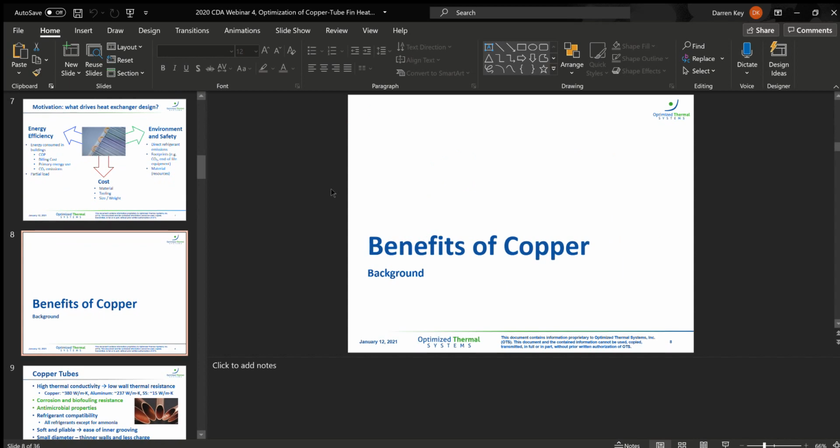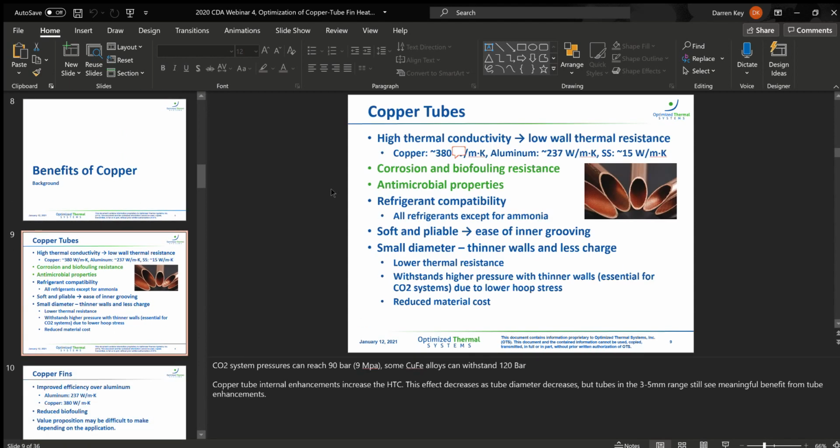So let's discuss some of the inherent benefits of copper. For copper tubes, copper has high thermal conductivity, which leads to a low wall thermal resistance, so better overall heat transfer. Copper has a thermal conductivity of 380 watts per meter Kelvin, as opposed to aluminum, which is a bit lower, and stainless steel even lower still. Copper also has natural corrosion and biofouling resistance and antimicrobial properties.